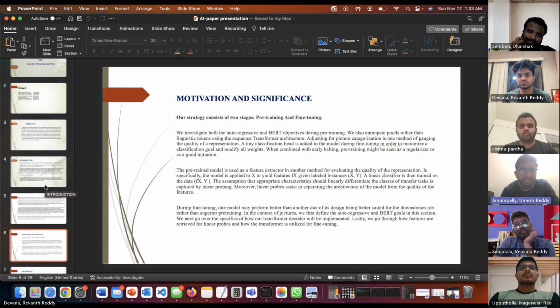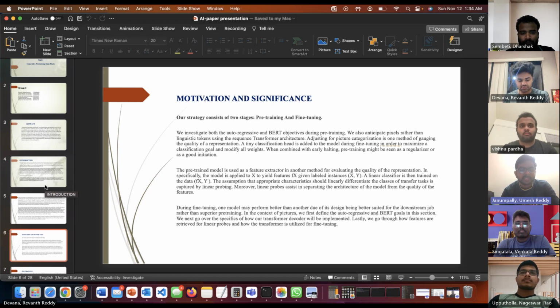The next slide is about motivation and significance. We investigate both auto-regressive and BERT objectives using pre-training, and we predict pixels rather than linguistic tokens using a sequence transformer architecture.